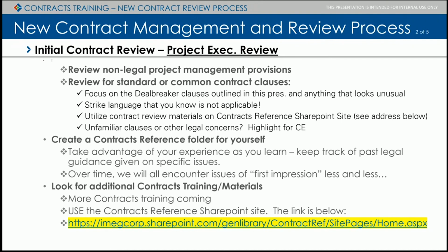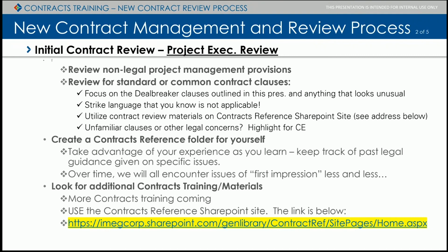I promise you, if you get through two or three of these, it's going to get familiar for you. And if you get to one where you're not sure about the language, that's when you move it up to your client executive next with your question. Usually the client executives have a lot of experience with contracts, so they can usually answer your question. And if not, the client executive elevates it to me.